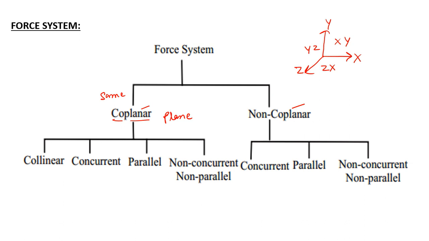Coplanar force system is again divided into parts: collinear, concurrent, parallel, non-concurrent, non-parallel. Similarly, non-coplanar is also divided into three parts: concurrent, parallel, non-concurrent and non-parallel. Let's understand these types of force system by some diagrams.